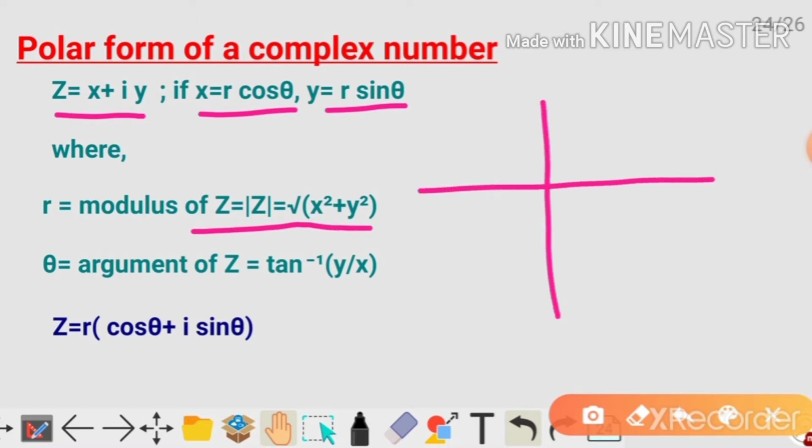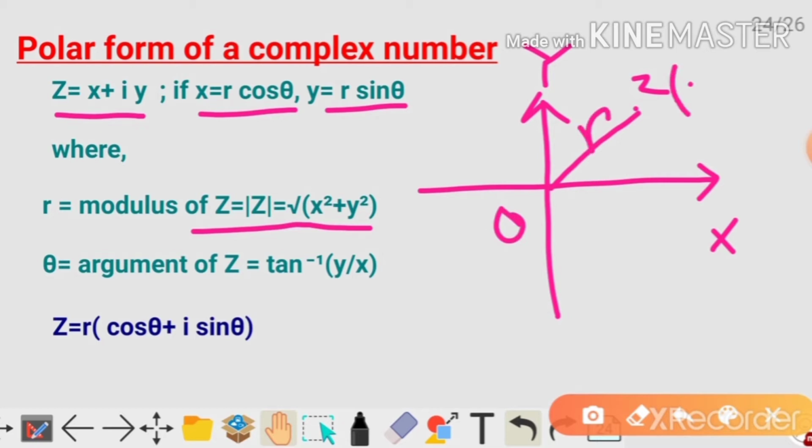If we put z in the complex plane, suppose this is the x-axis and this is the y-axis, then the distance from z to the origin O will be r. The coordinate of z is x and y, as it is x plus iy.